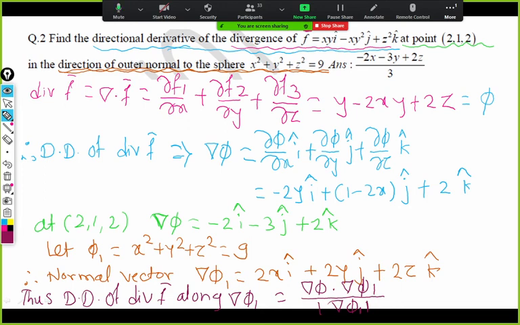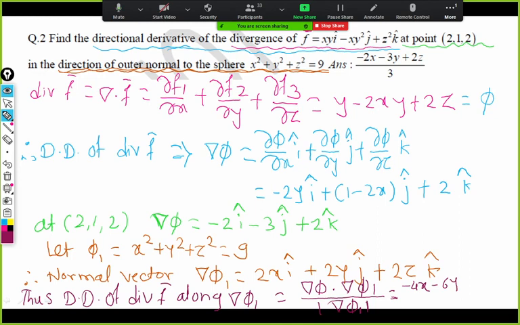The projection of the directional derivative of divergence of f bar along del phi 1. So del phi dot del phi 1 divided by magnitude of del phi 1. Now we are taking a dot product. So minus 2 into 2x is minus 4x. Minus 3 into 2y is minus 6y.